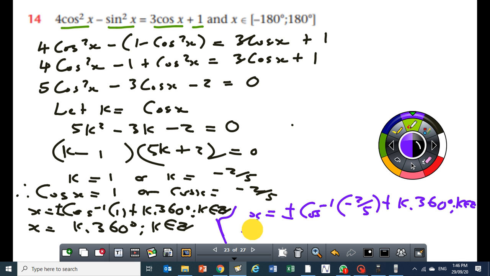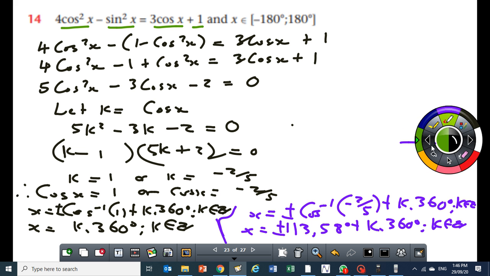I thought you did the work. 113, comma, plus k times 360, where k is an element of z.